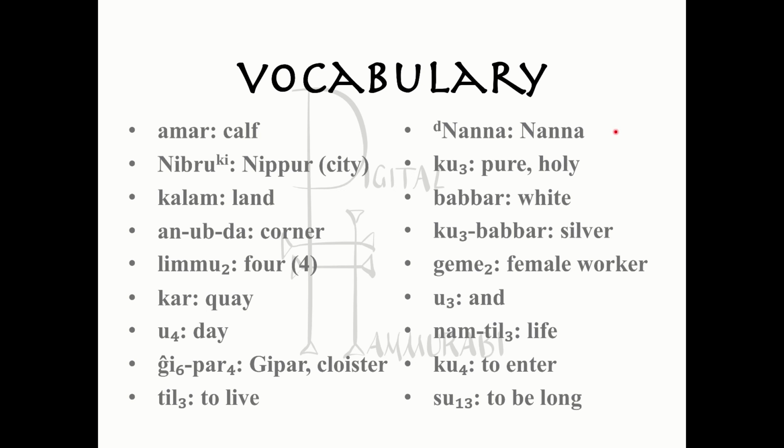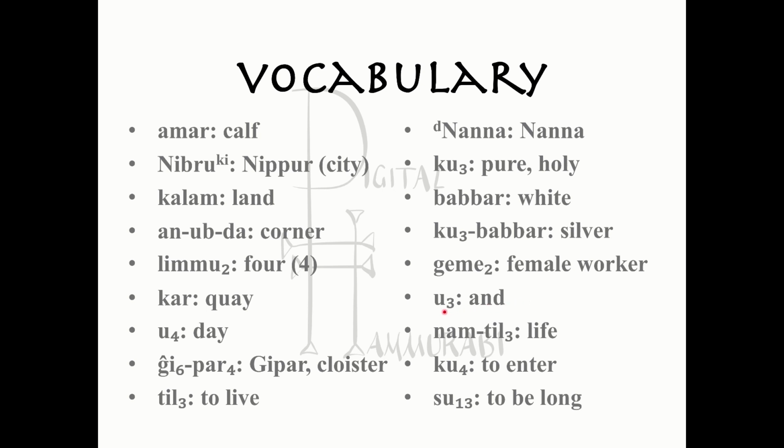Dinger Nana is the god Nana. Ku3 is pure or holy. Babbar is white. And then when you combine those, Ku3-babbar is silver. Geme2 is a female worker. U3 is and.